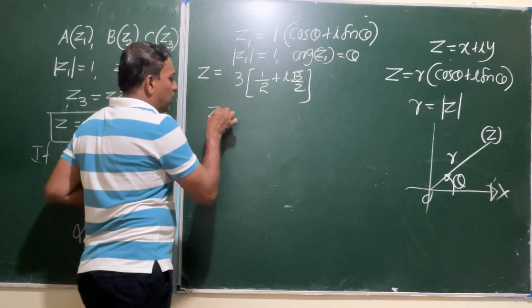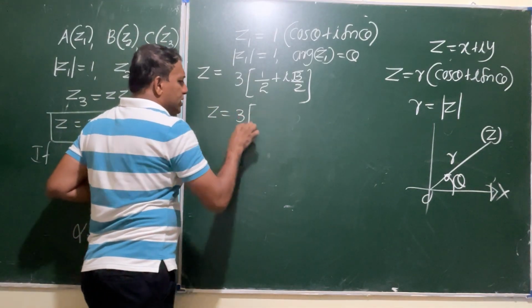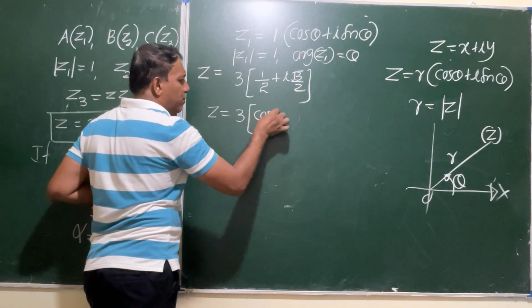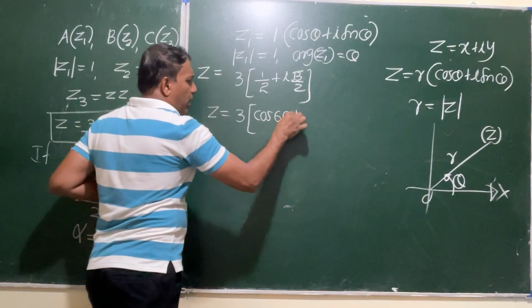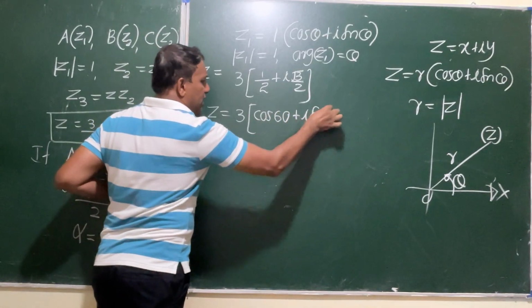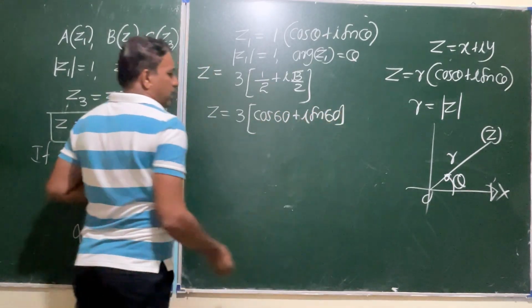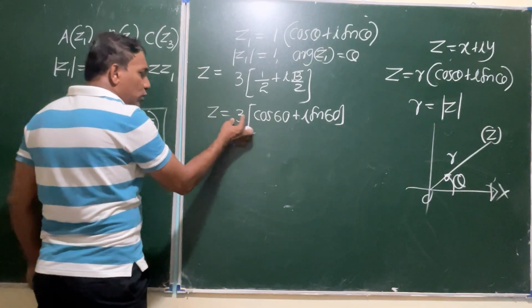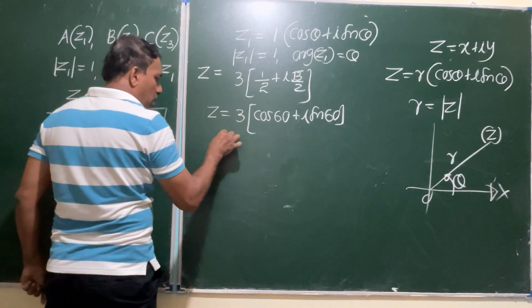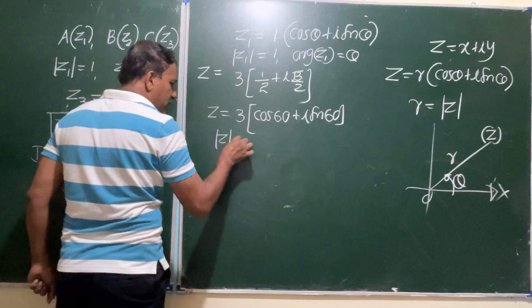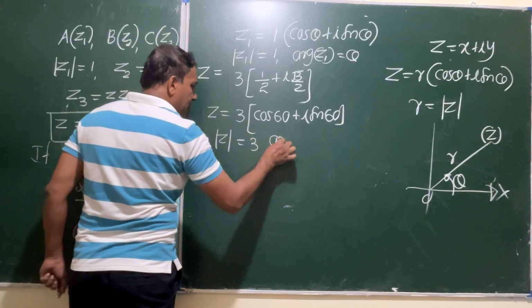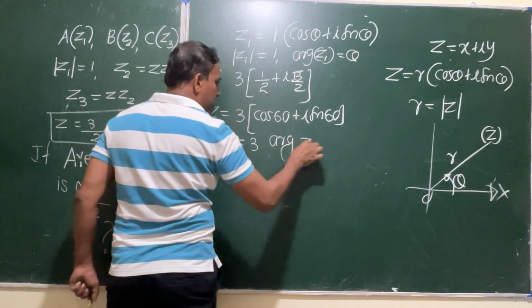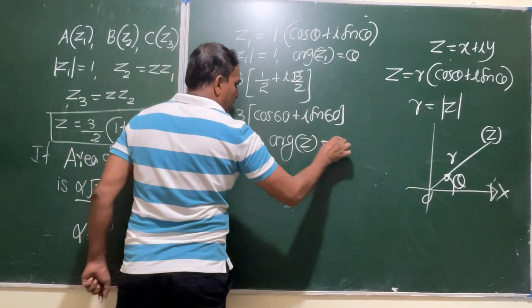Therefore the principle we use is cos 60 degrees or pi by 3 plus i sin 60 degrees, right? So the modulus of Z is 3 and its argument is 60 degrees, right?